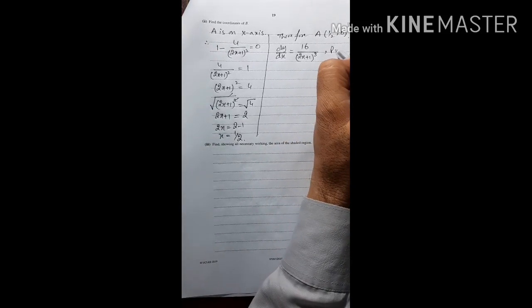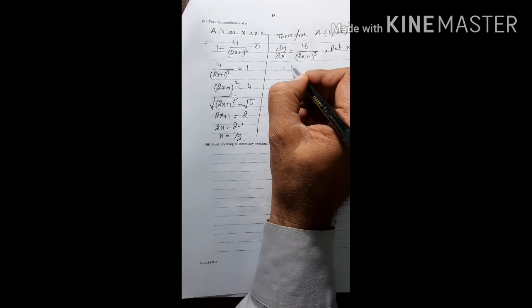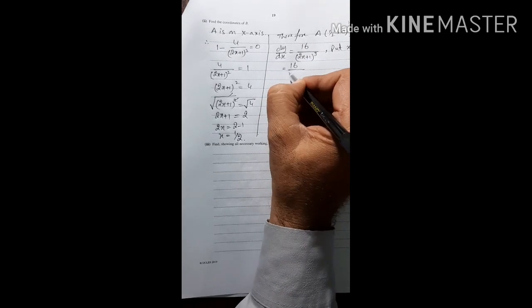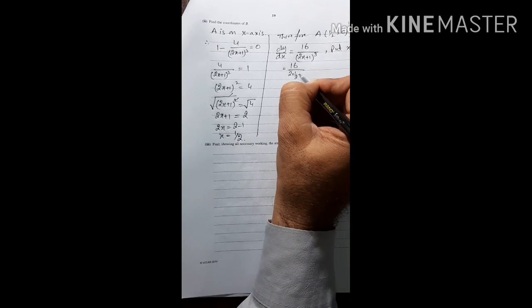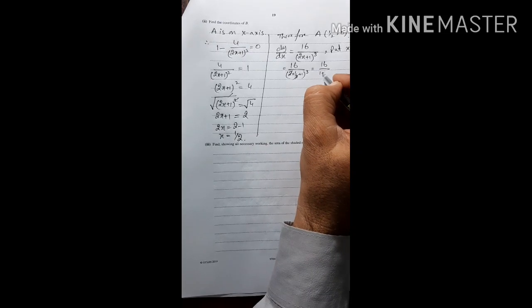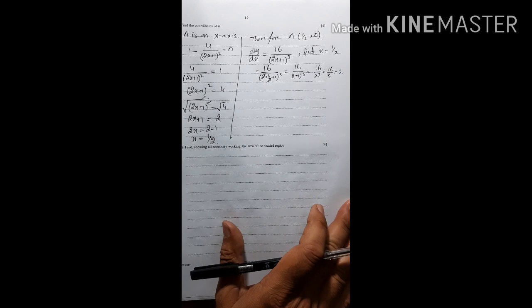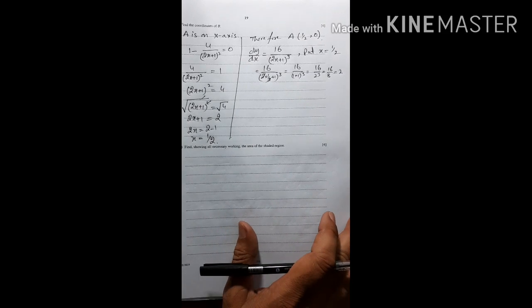So put x is equal to 1 over 2, because I need the gradient of the curve at point A. This will become 16 over 2 into 1 over 2 plus 1 whole cube, 16 over 1 plus 1 whole cube, 16 over 2 cube, 16 over 8, which is 2. It means the gradient of the curve at A is 2.